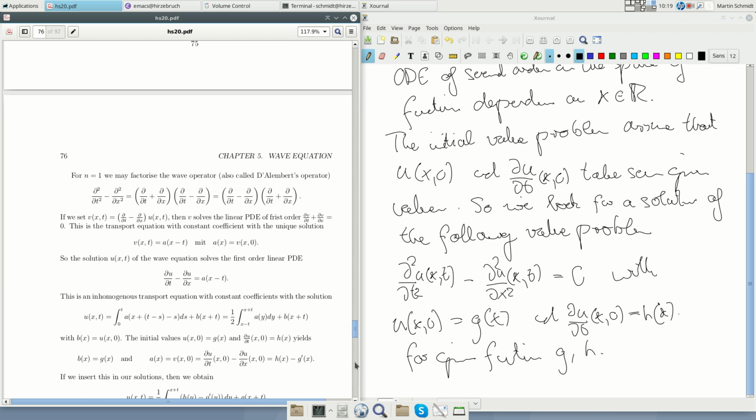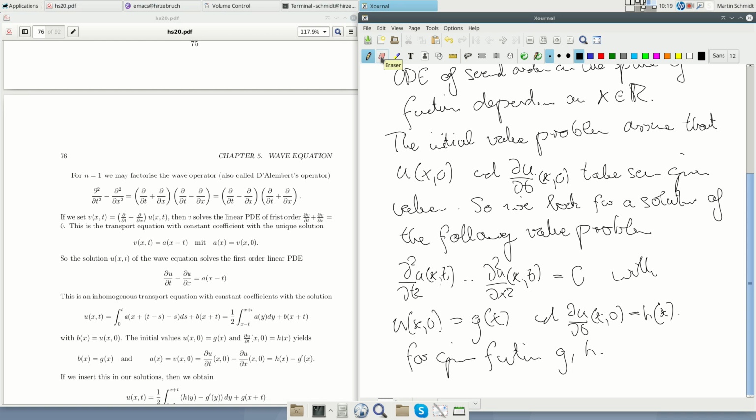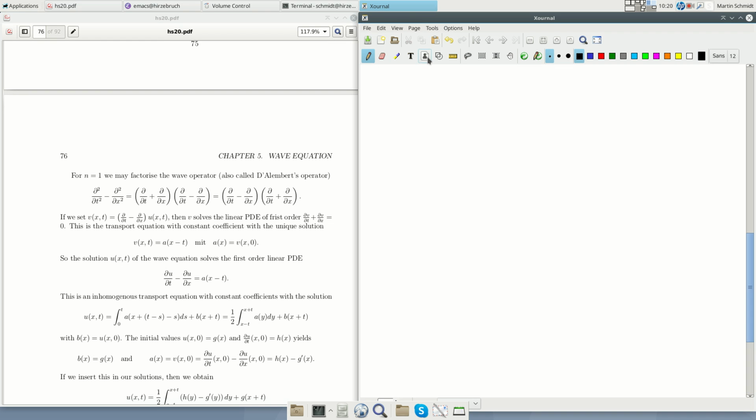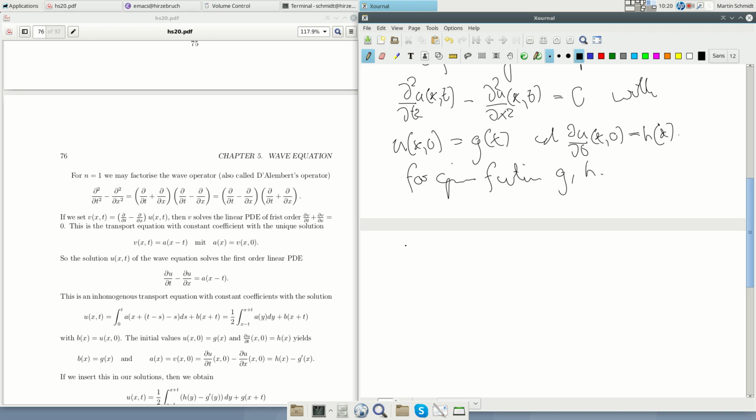Now for dimension 1 there's a crucial observation, namely that in this case, but only in this case, the wave operator, as we call the operator d by dt square minus d by dx square, factorizes.